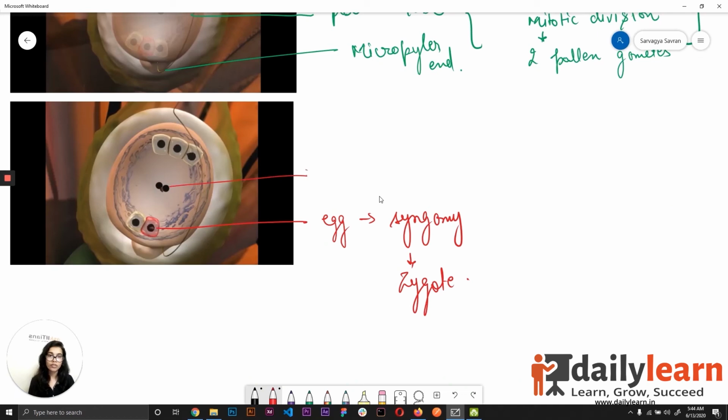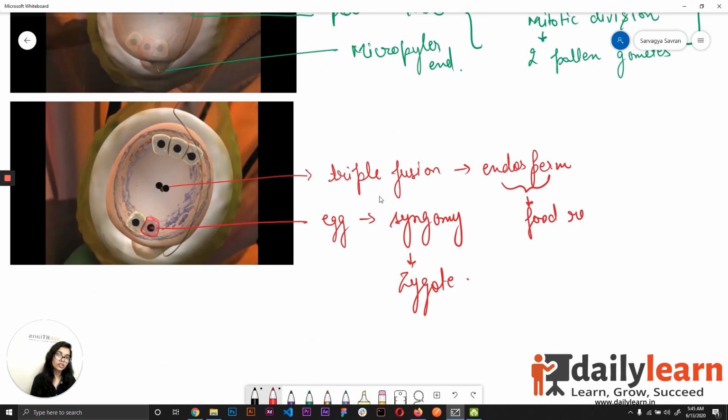And this other fertilization is called the triple fusion because of the two nuclei of the female gametophyte and one nuclei of the male gamete, right? The two nuclei from the ovule and one nuclei from the pollen tube, right? So this is called the triple fusion, and this will result in the formation of the endosperm. Now, the endosperm here will act as the food reserve for the seed, my friends, right? So it is very important.